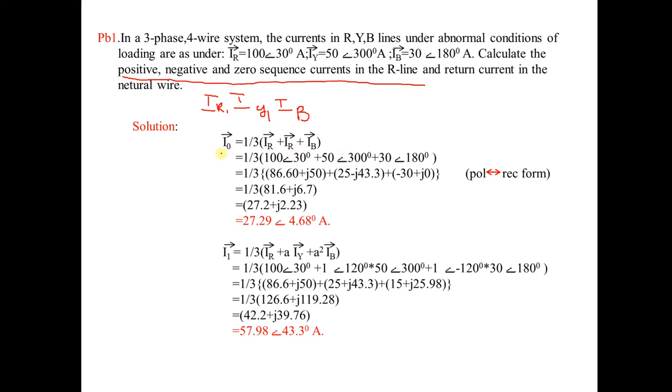Previously we solved the formula for how to find the positive and negative sequence current. First, finding the zero sequence current, 1/3 of IR plus IY plus IB.